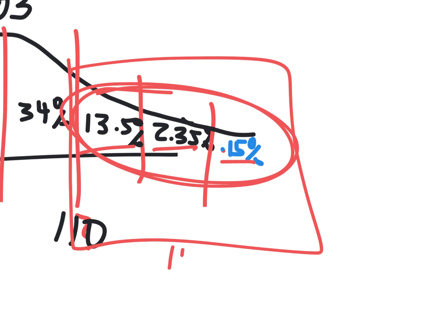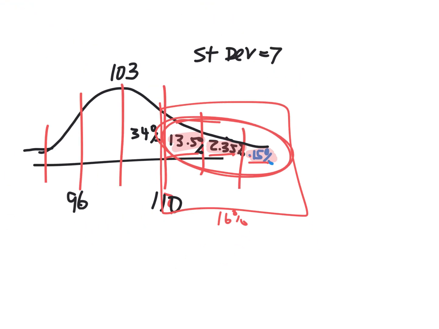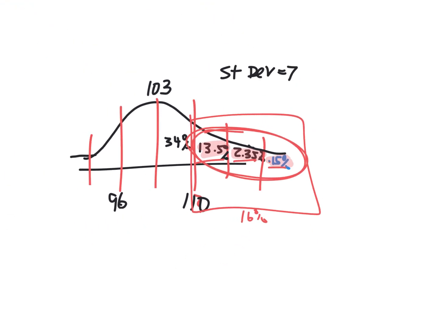It'll end up being 16% because I added up that plus that plus that. Okay. I don't feel like it's that hard of a problem, but let's just check.